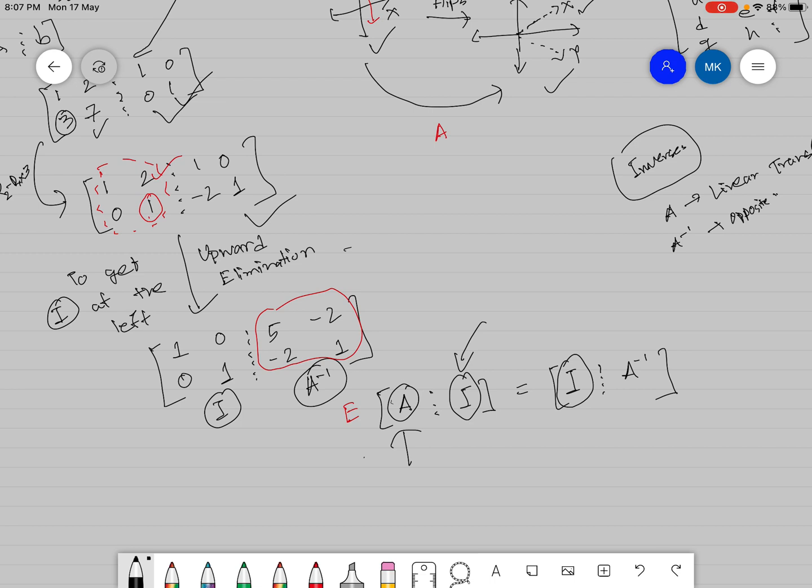So this is the method of getting the inverse of any matrix by the approach of Gauss-Jordan elimination. Okay, so I hope this is clear.